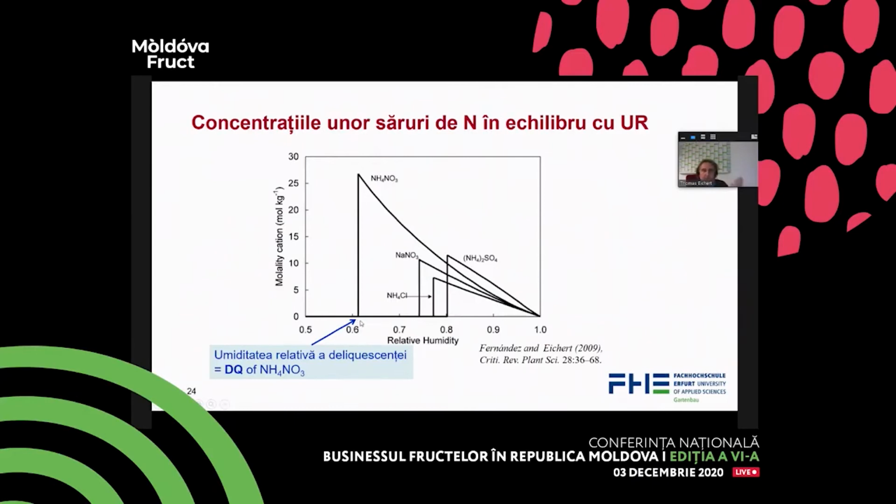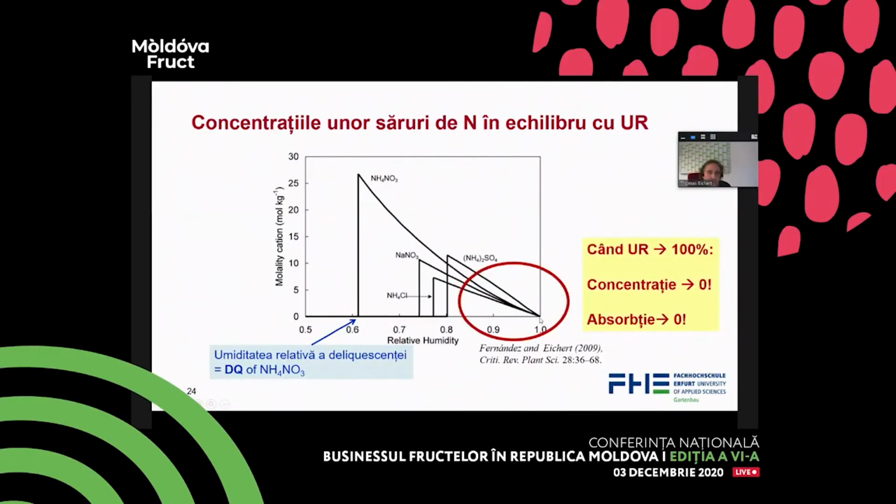But why I show this graph is, it is quite amazing, and maybe people are not aware: when humidity increases, the concentration in the drop, in the solution, decreases. It approaches zero. In theory, in saturated air, the concentration in a drop would be zero because the drop absorbs so much water that the concentration keeps on dropping.